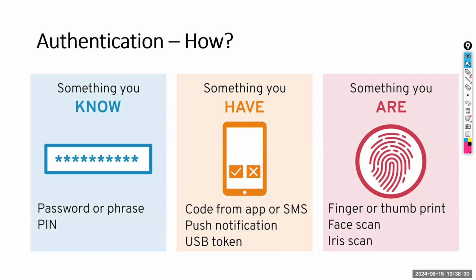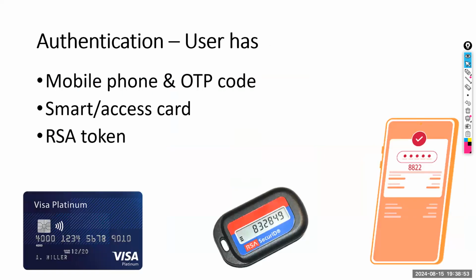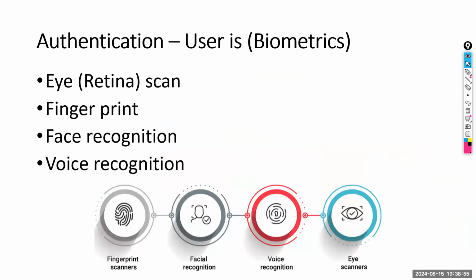That is why they send the OTP to the mobile phone. If you are that person, you must have the mobile phone. And something the user is, is basically biometrics: fingerprints, retina, face detection, and so on.